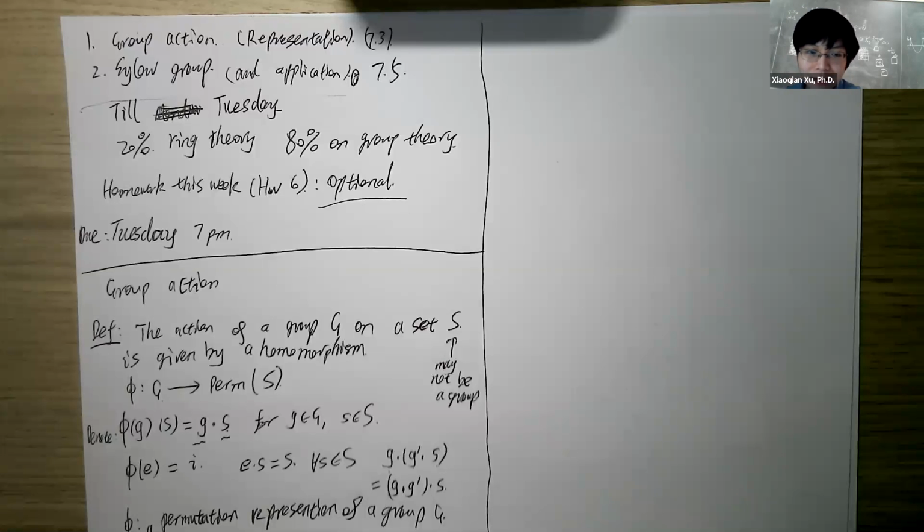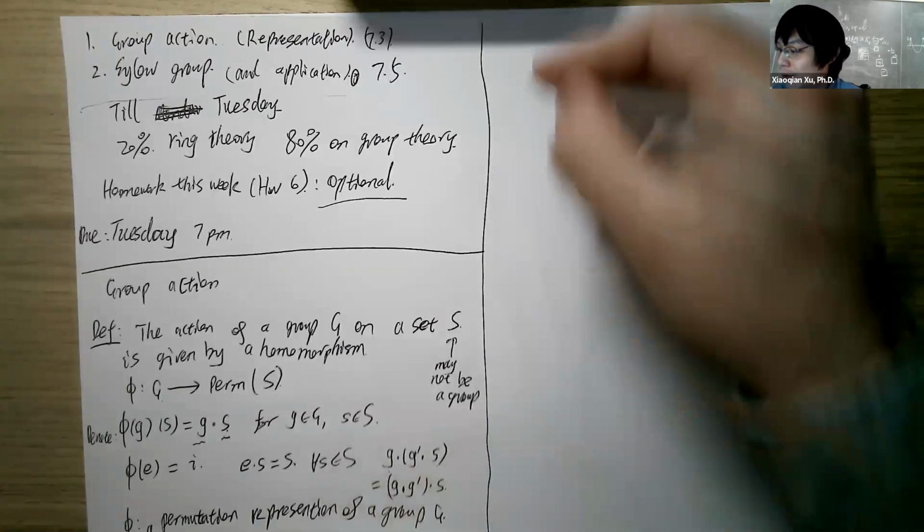And by the way, of course you have this permutation representation, and there are some other kinds of representation of a group. For instance, there is the so-called linear representation of a group.